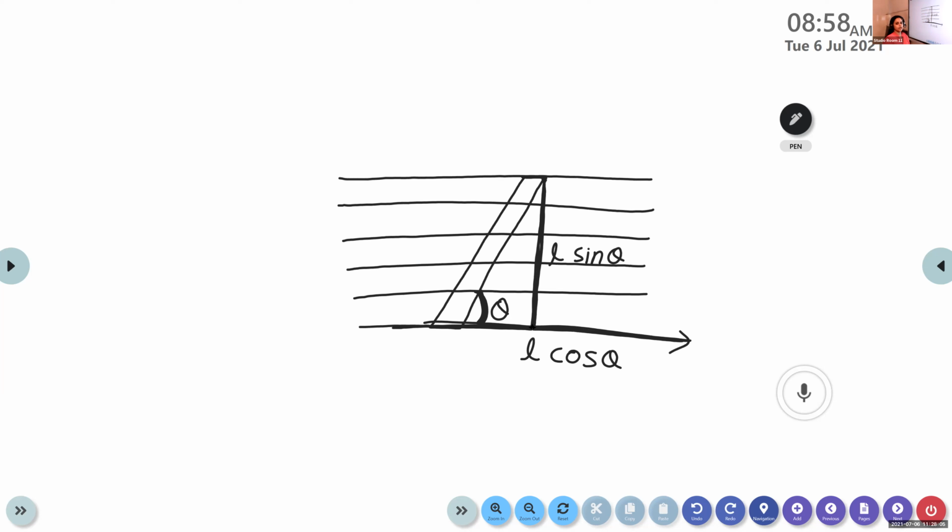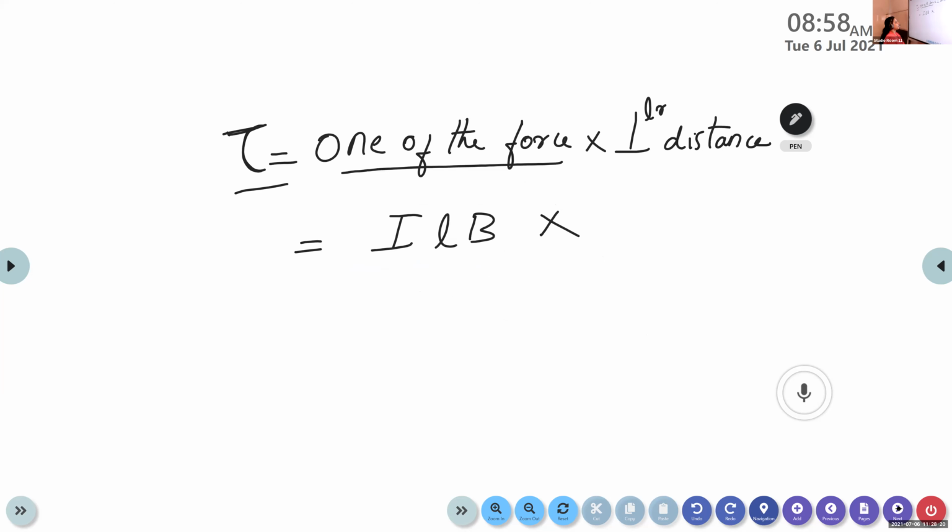So here we want to calculate the expression for torque. What is the perpendicular component present here? L sin theta. So the torque is equal to any one of the force into perpendicular distance, that is ILB into L sin theta.